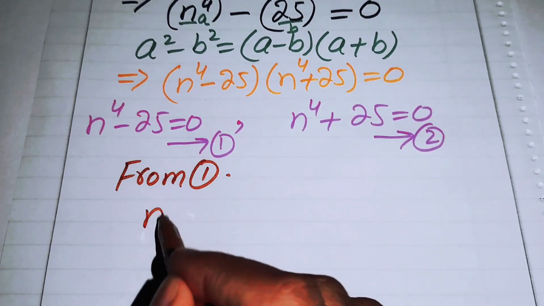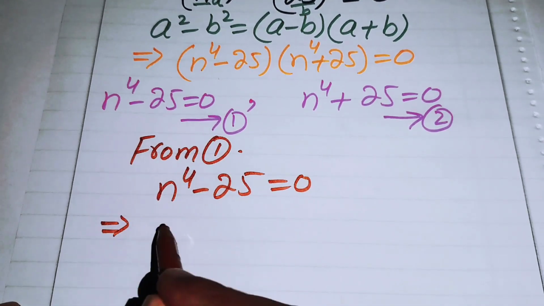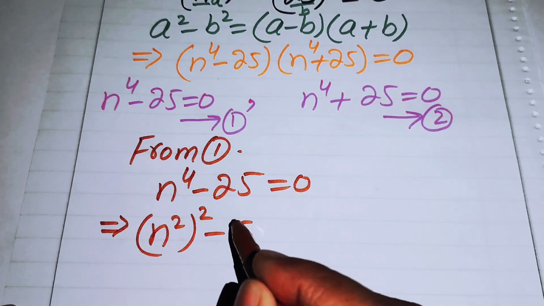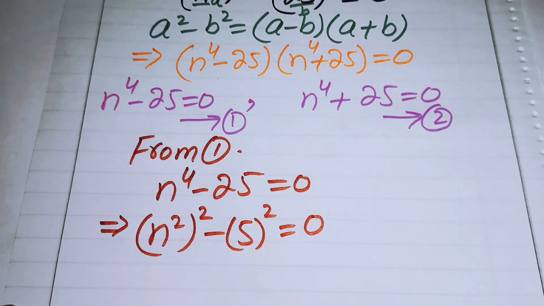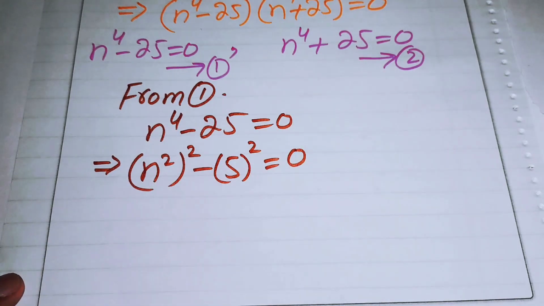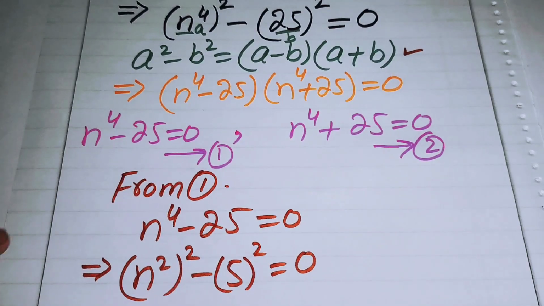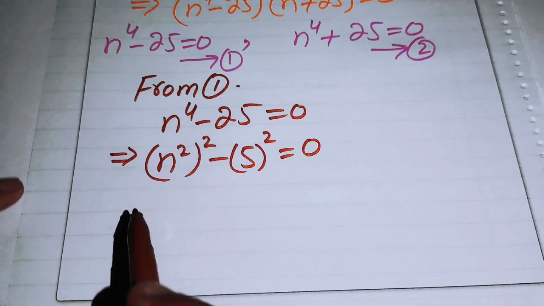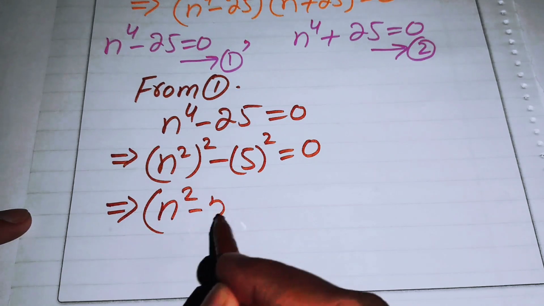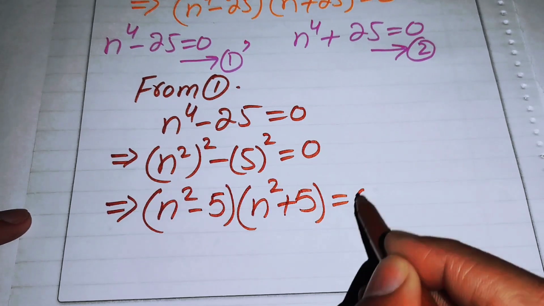We have n to the power of 4 minus 25 equals 0. We rewrite this equation as n squared whole squared minus 5 squared equals 0. In the next step we use this square identity again, and applying the formula we get n squared minus 5 times n squared plus 5 equals 0.